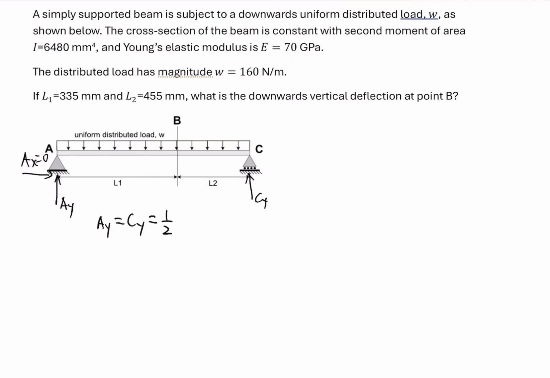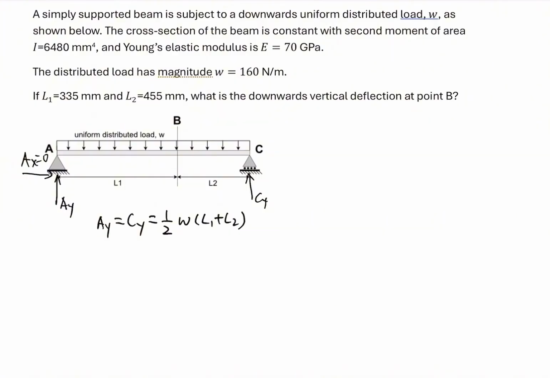The external vertical load is W times (L1 plus L2), the vertical distributed load.